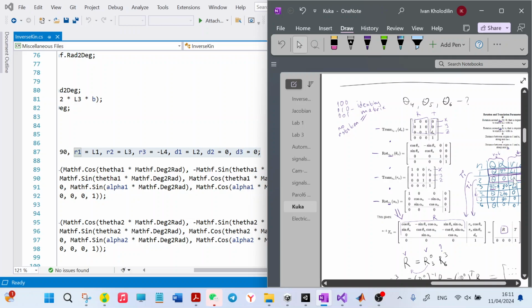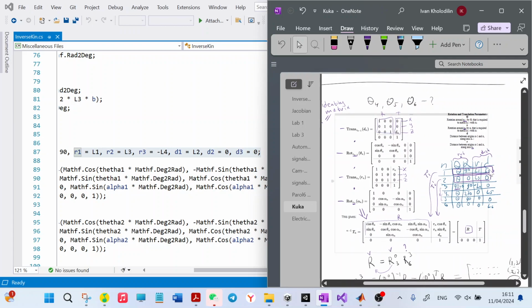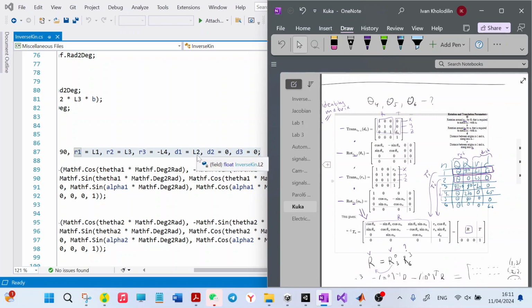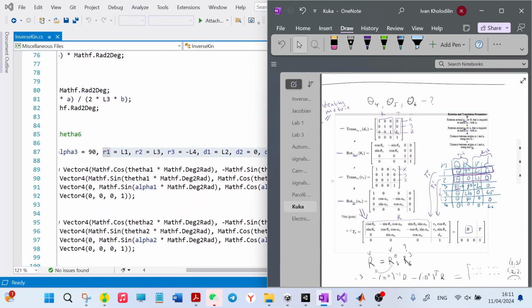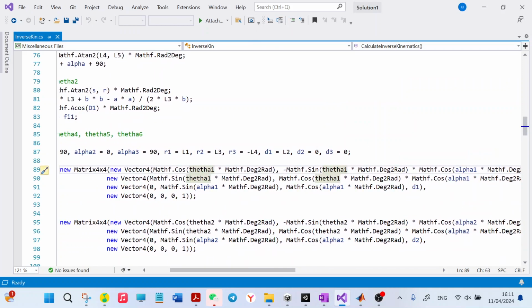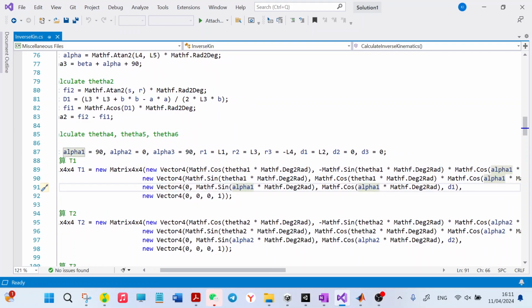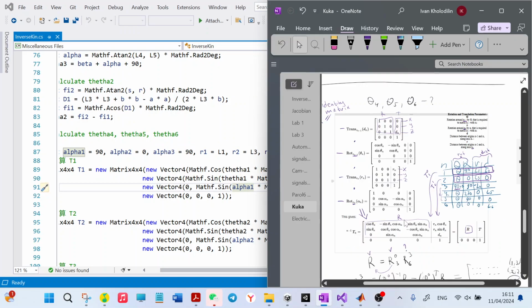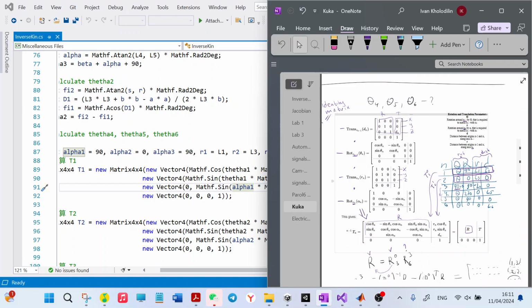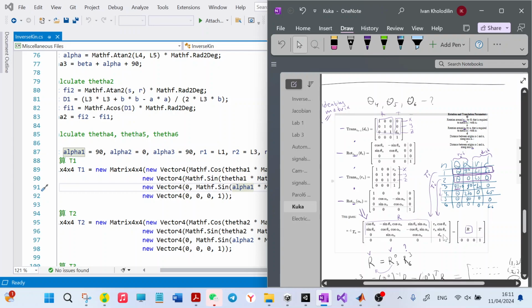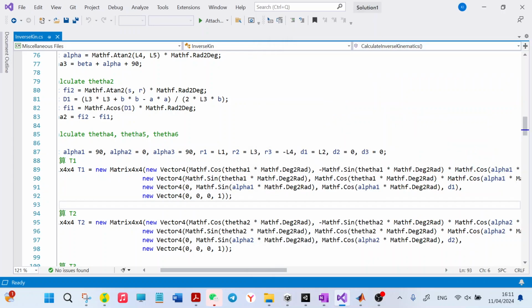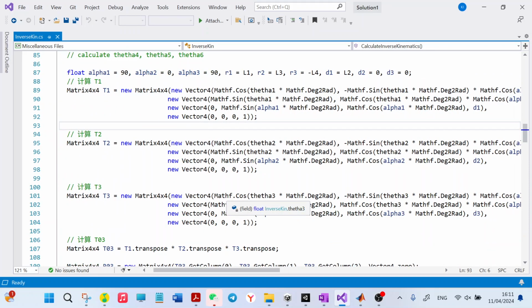R1 is L1, R2 is L3, R3 is minus L4, and similar for D: D1 is L2, D2 is 0, and D3 is 0. Also here we use the theta angles we found before and the alpha angles. So again we use this formula. This T1 is similar to this one, so it's exactly the same.